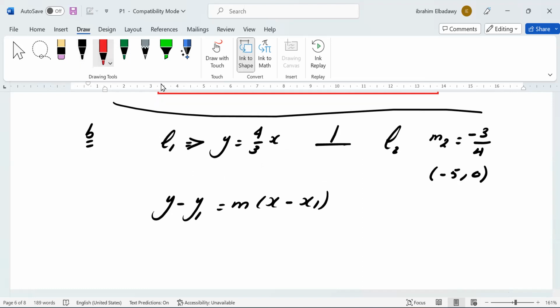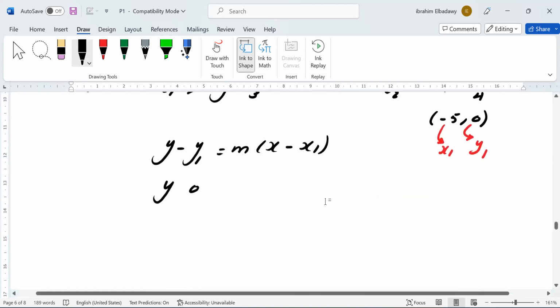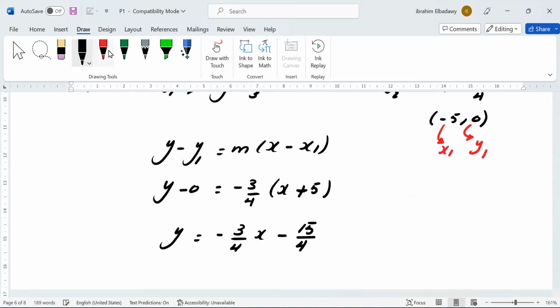Here you have the gradient, you have x1 and y1, you can substitute. y minus 0 equal to negative 3 over 4 times (x minus x1, which is negative 5). Negative, negative, equal to positive 5. You can say y equals negative 3 over 4 x, negative 15 over 4. You get the answer. This is your final answer.